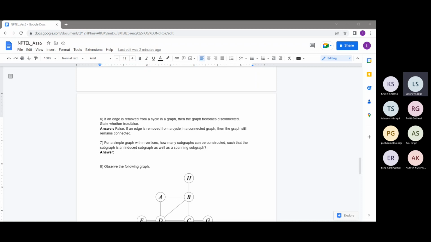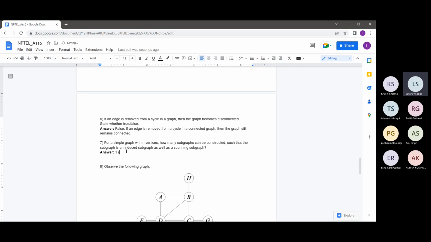How many subgraphs can be made such that the subgraph is induced as well as spanning? Yeah, Khushi is writing only one. So yeah, Khushi is correct. So the answer is only one.